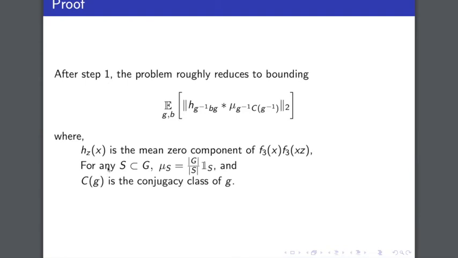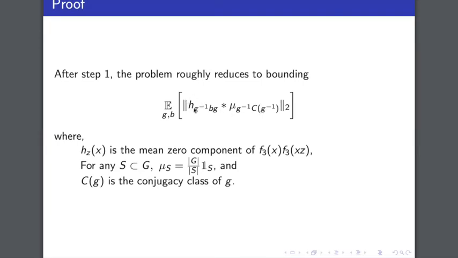To define the mu function, for any subset S in G, mu S is defined to be the indicator function of S up to a normalization factor. And C of g is the conjugacy class of g. So this function is basically an indicator function of this subset g inverse C g inverse.